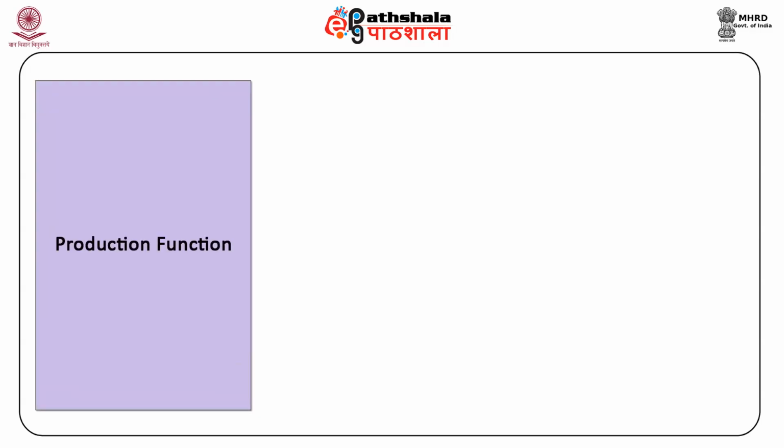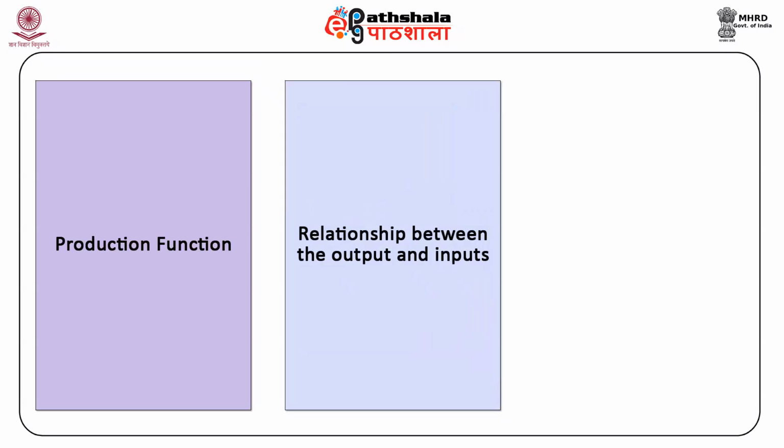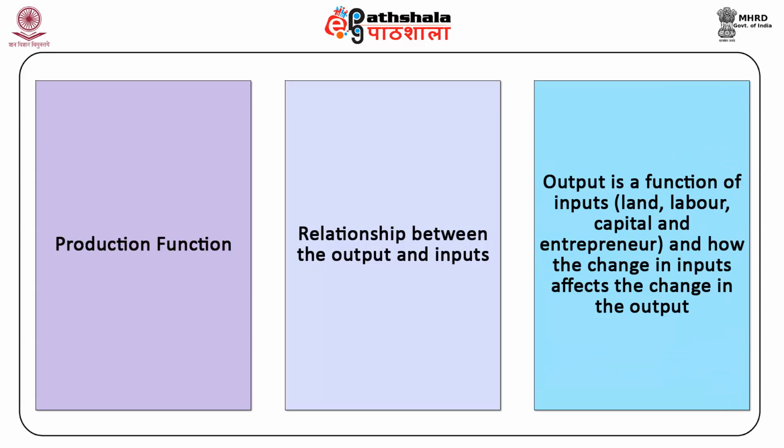Production function shows the relationship between the output and inputs. In other words, it shows that output is a function of inputs, that is land, labor, capital and entrepreneur, and how changes in inputs affect changes in the output.